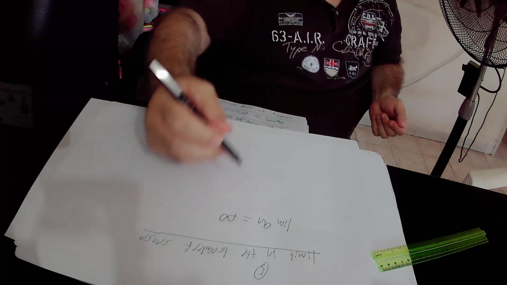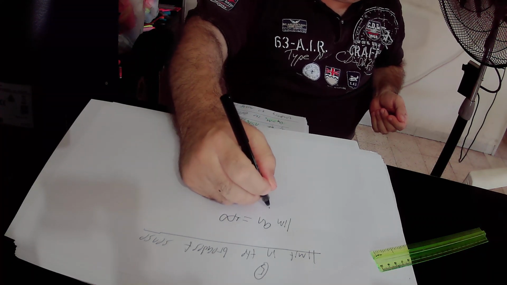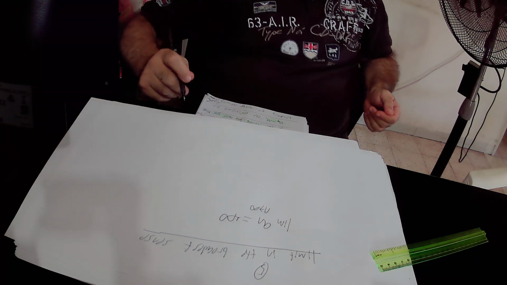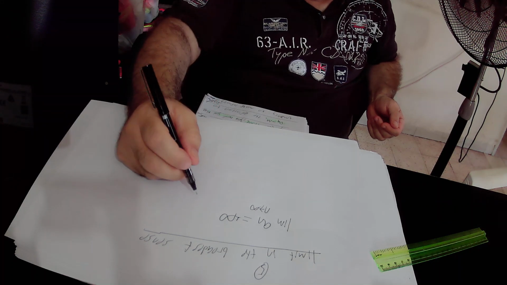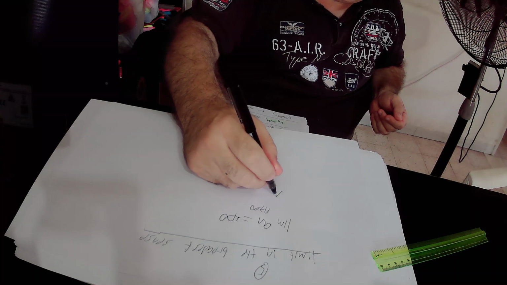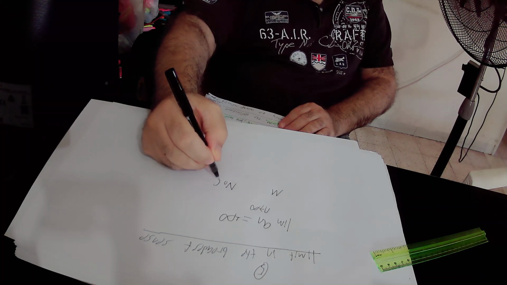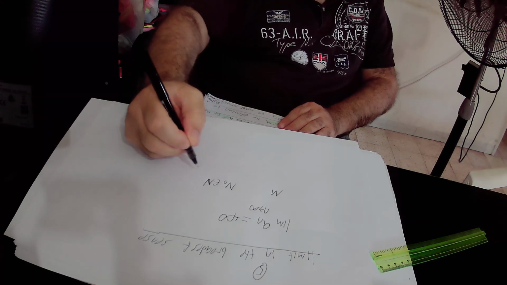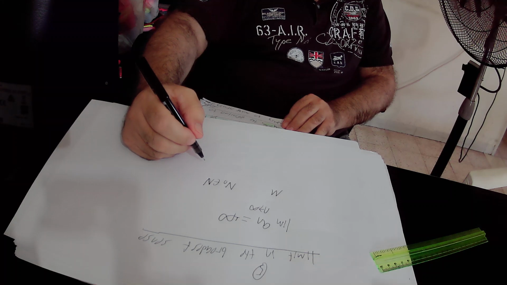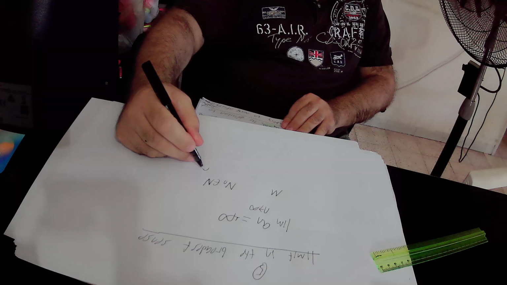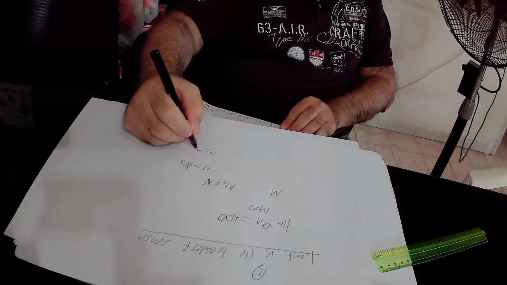That is to say, the limit of sequence an is equal to plus infinity when n tends to infinity, if for any real number m there exists a natural number n0, n0 belongs to the natural numbers, so that for all n that is greater than n0, you will get that an is greater than m.